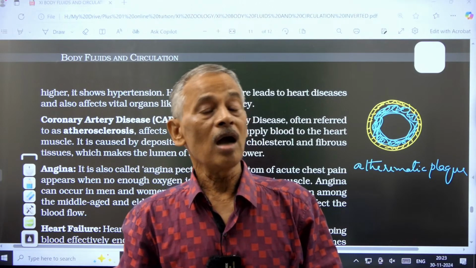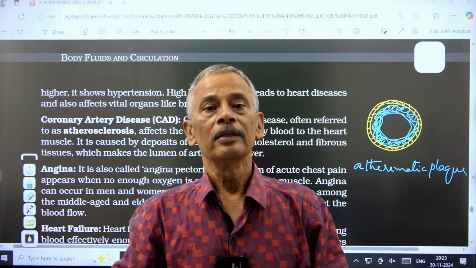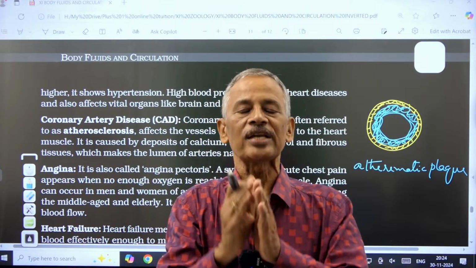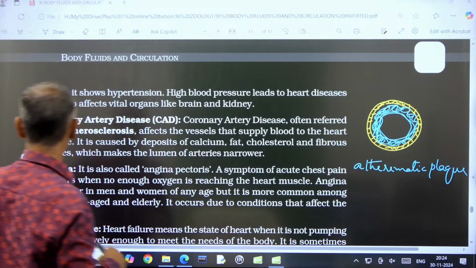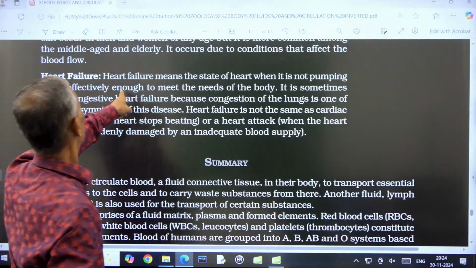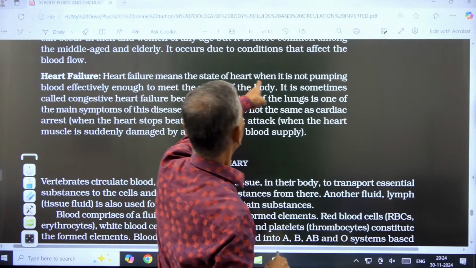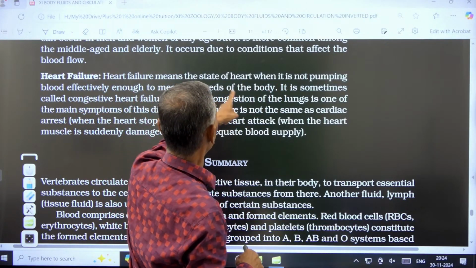Heart failure may be caused by a congestion in the lungs. It is very often stated that heart failure means a state of the heart when it is not pumping blood effectively enough to meet the needs of the body.